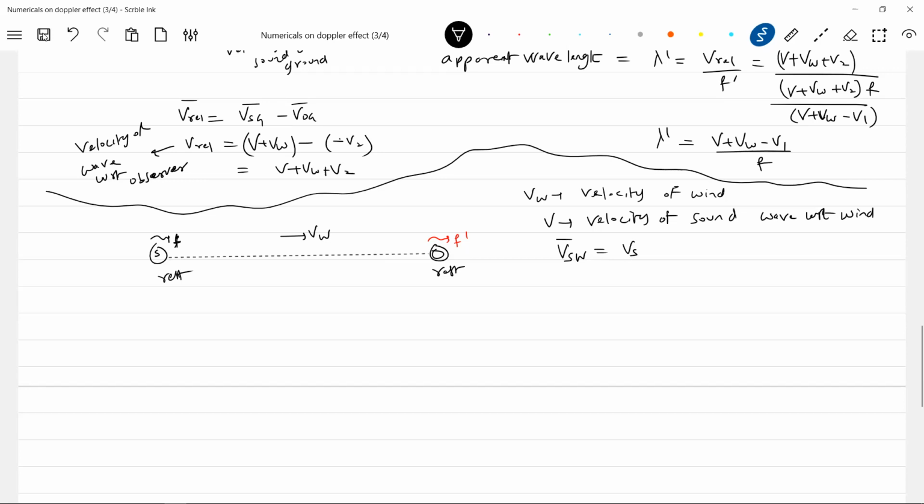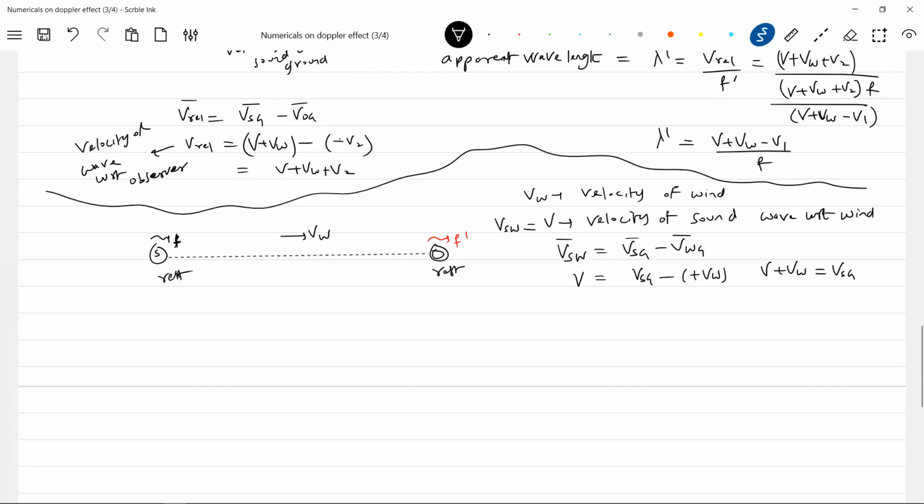Velocity of sound wave with respect to ground. Am I right? No. Velocity of sound wave with respect to wind is V. Velocity of sound with respect to ground, we don't know. That of the wind is VW. So as usual, V plus VW equal to.